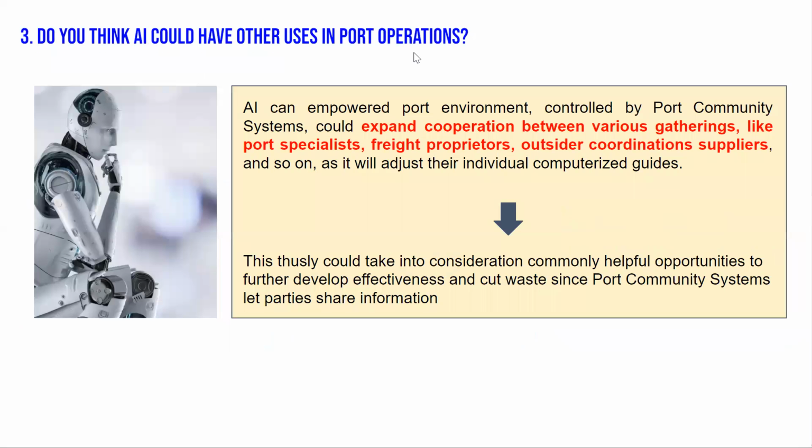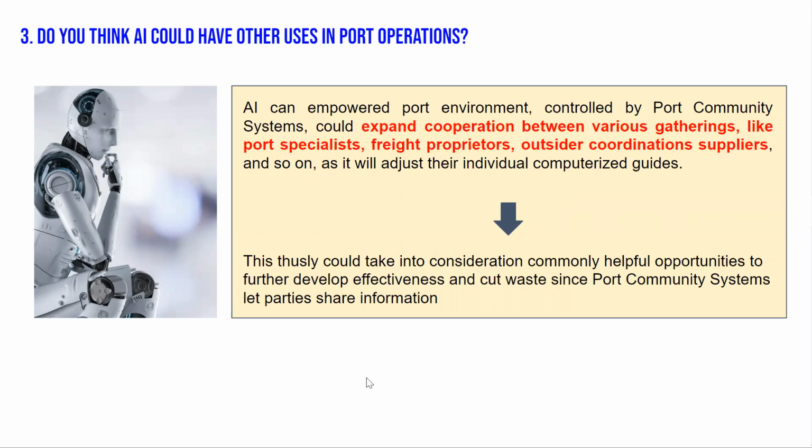Okay, the next question is about the third question. The question is, do you think AI could have other uses in port operations? From our perspective, AI can also be empowered for environment control by port community systems, so that AI could expand cooperation between various parties like port authorities, property owners, third-party logistics, suppliers, and so on.